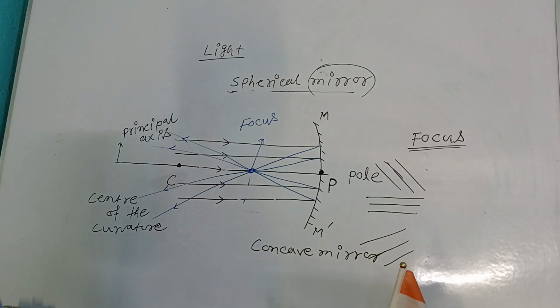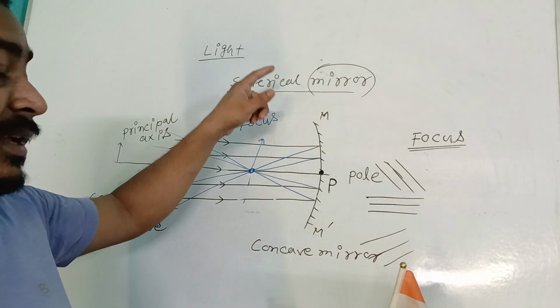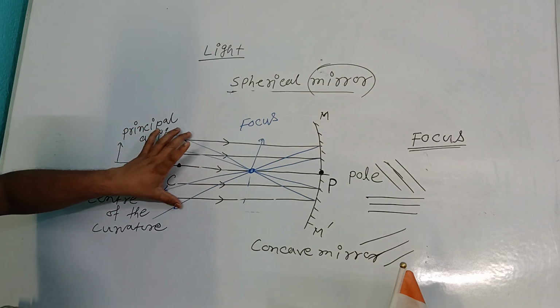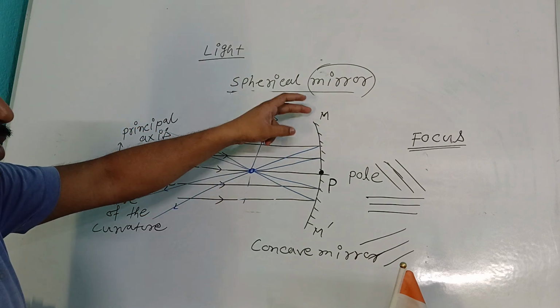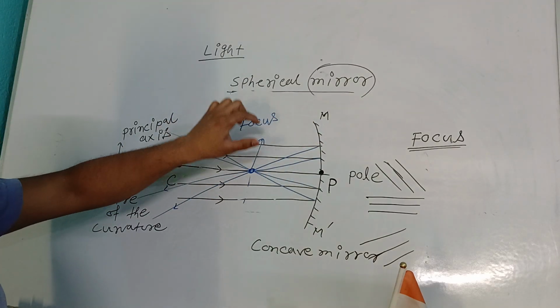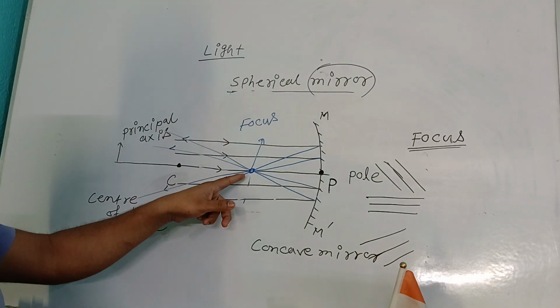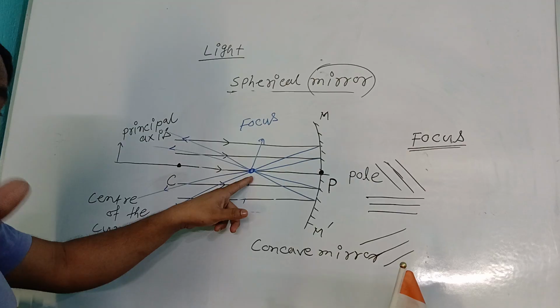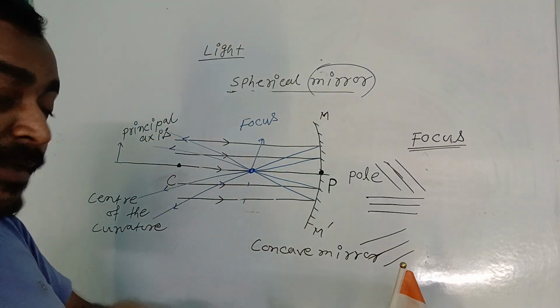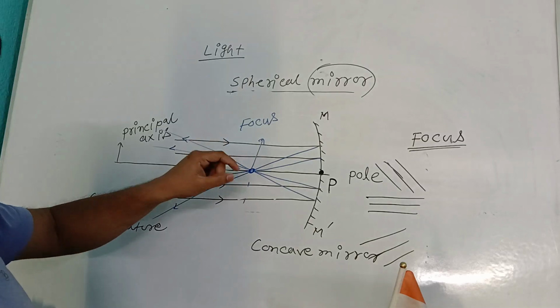So what do you mean by focus of a concave mirror? When a set of parallel rays strikes a concave mirror, after the reflection all the reflected rays meet at a particular point, or all the reflected rays pass through a single point.